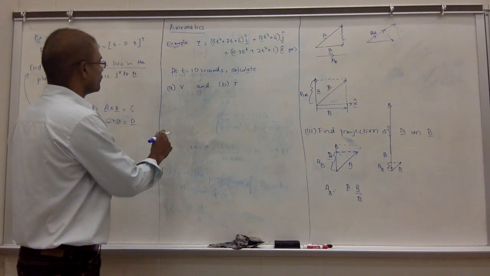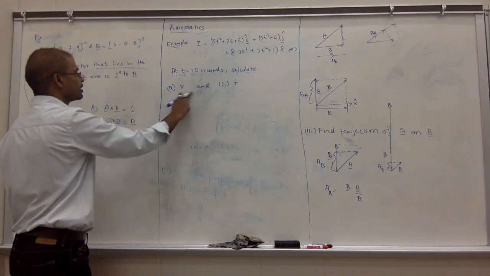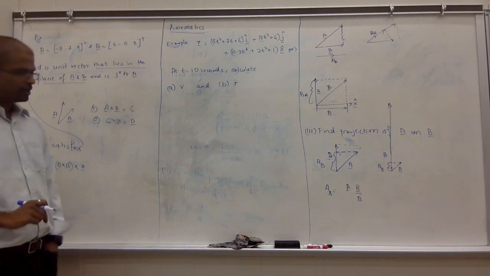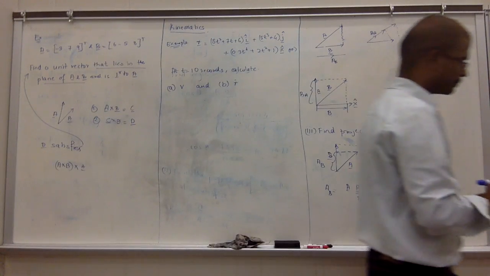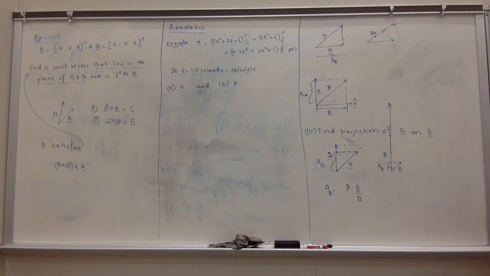The way you calculate this, you have to understand a little bit about derivative of vectors, calculus of vectors. If you take a vector, it can change in what? Magnitude and direction.